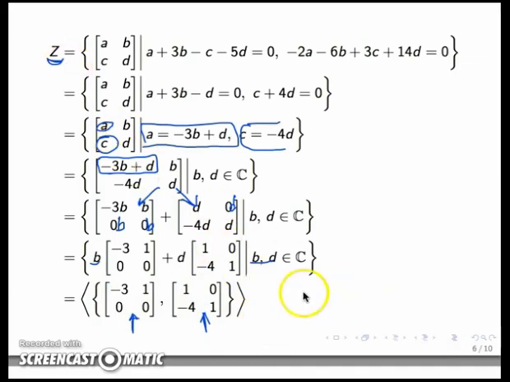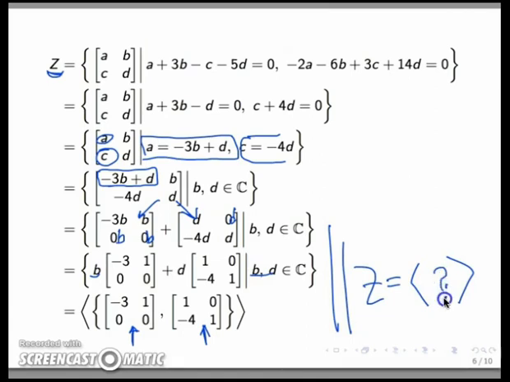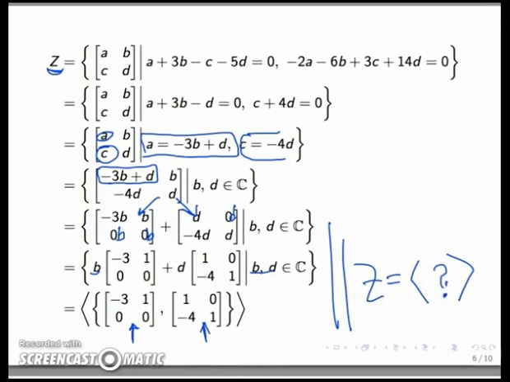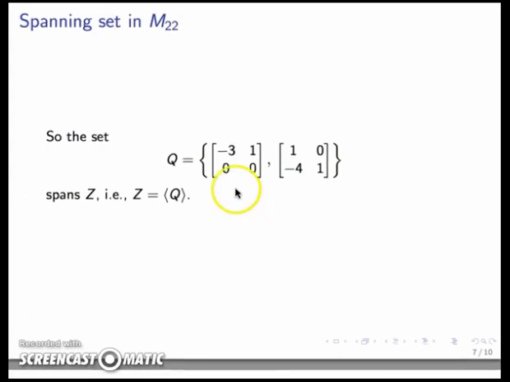In other words, Z can be represented as the span of some set, and that set is what we denote here by the set Q. Q denotes the set with these two matrices, and basically by relying on techniques for calculating the null space, we have been able to express the given set Z as the span of Q, or as a linear combination of these two matrices.